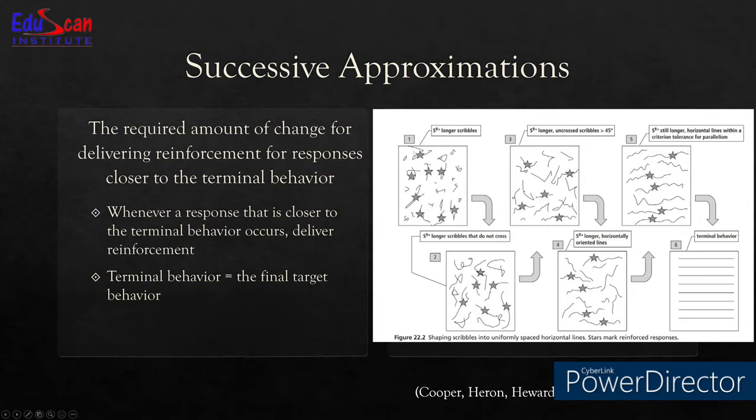Anything above 70 miles per hour is reinforced. As the level increases, we put lower responses on extinction. So if we are at 82 miles per hour and the player throws 71, we are going to put that on extinction. But if they throw 84 miles per hour, then we reinforce it.